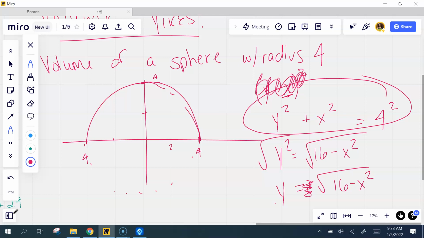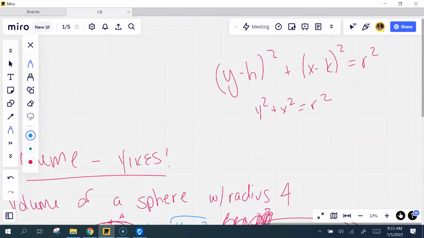Okay. So this equation would be the square root of 16 minus x squared. Yes. You have to plug in the center, right.